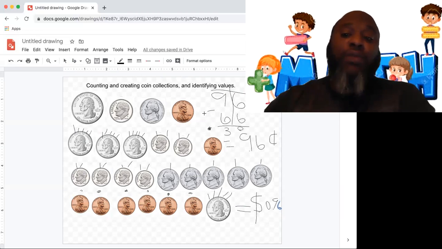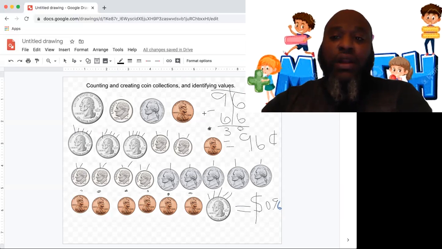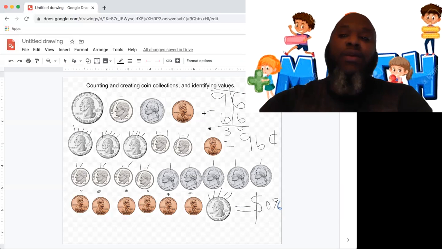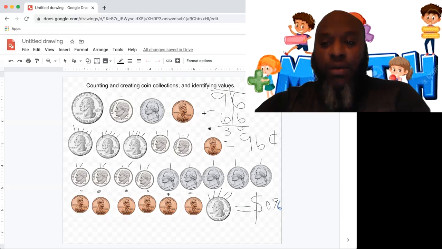So let's make sure that we're using our techniques that we learned in class, and that Harry Money strategy, so that we can make sure that we are counting those coins accurately and quickly. Now, once you have perfected that Harry Money strategy, you're going to remember the coin values and you can add it up without using that strategy. So that is what I'm looking forward to you guys being ready to do.